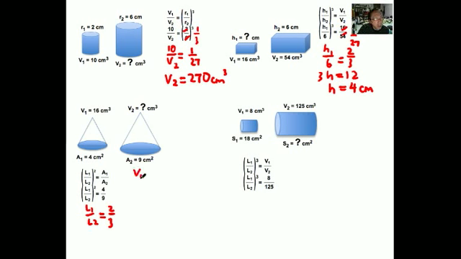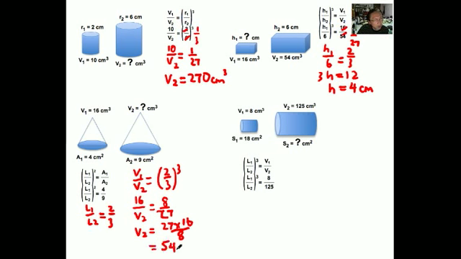Now we form the relationship: V1 over V2 is the ratio of the lengths cubed. So we have 16 over V2 equals 8/27. This gives us V2 is 27 times 16 over 8, which is 54.